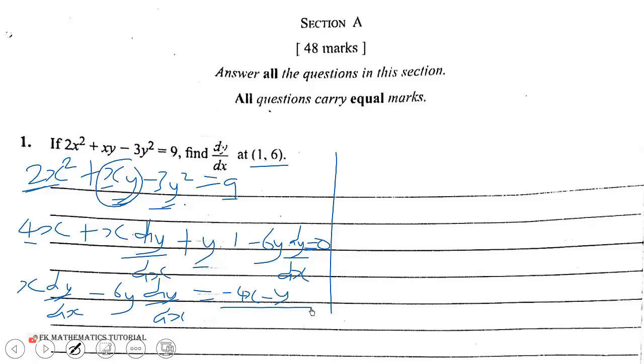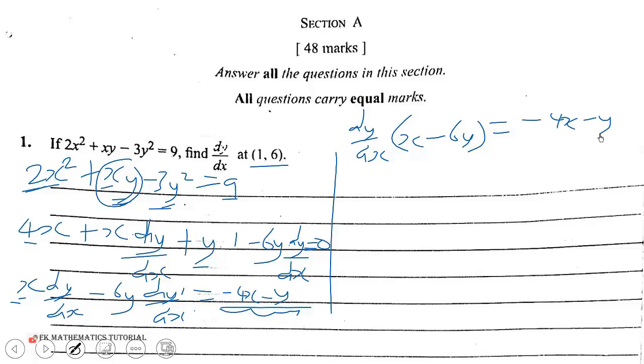So let's factor the dy/dx from here. You're going to get the dy/dx outside, then we will have x minus 6y, is equal to negative 4x minus y. So dividing through by x minus 6y, we will get dy/dx equal to negative 4x minus y all over x minus 6y.